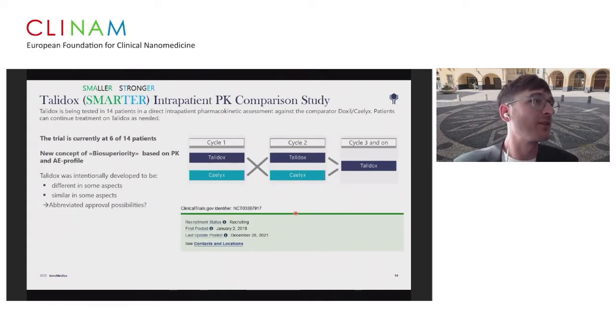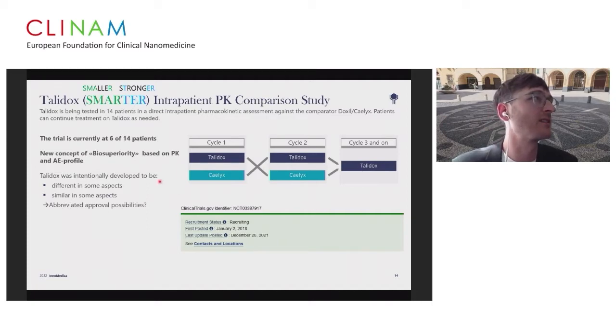So there are further studies coming up, such as this one that we call the SMART trial, coming from smaller, because Talidox is a smaller nanoparticle, and stronger because it can be dosed at higher intensities, where we compare in the same patients the PK of Talidox against Calyx, and the subsequent continuous treatment with Talidox.